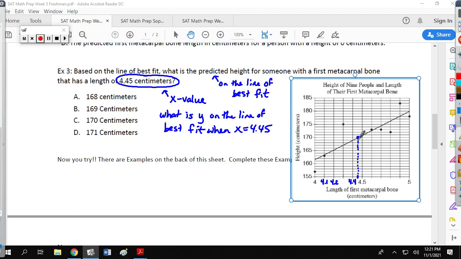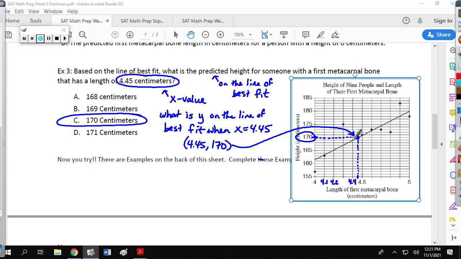So this point here, we trace that across, and you'll notice we're right at 170. So when x is 4.45, y is 170 centimeters because 4.45, 170 is the point on the line of best fit where x is 4.45.